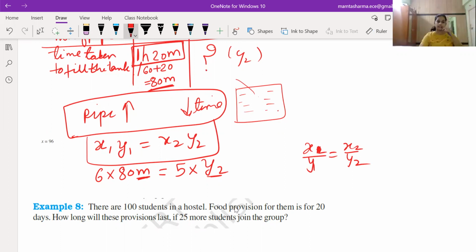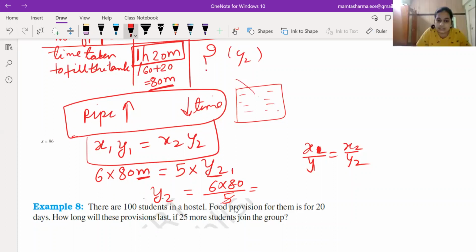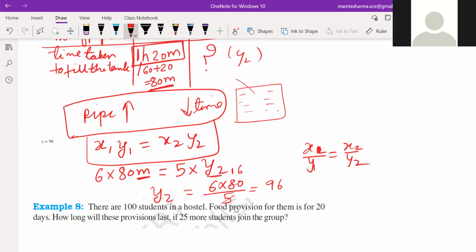Ma'am, 1 hour 36 minutes. y2 will be 6 into 80 divided by 5. So this will be 96 minutes. Be careful while writing this unit.